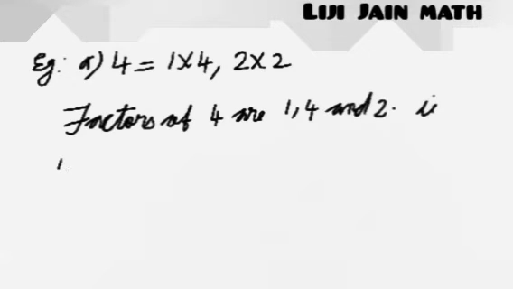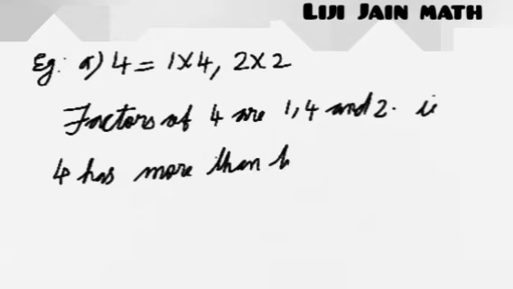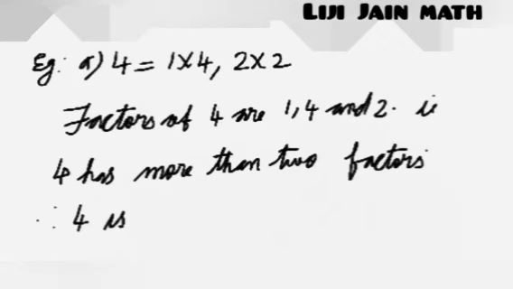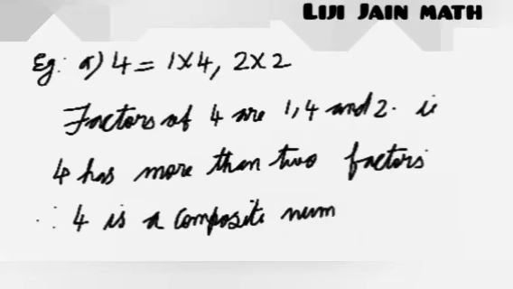So 4 has more than 2 factors. Therefore, 4 is a composite number.